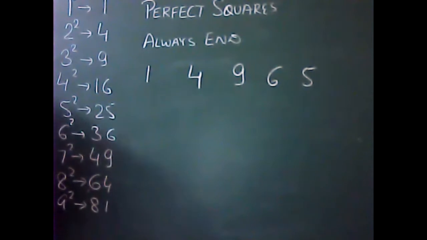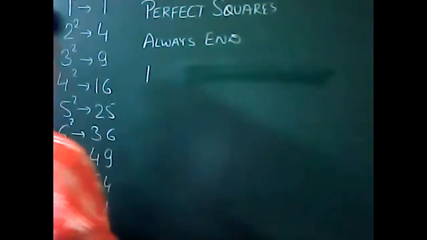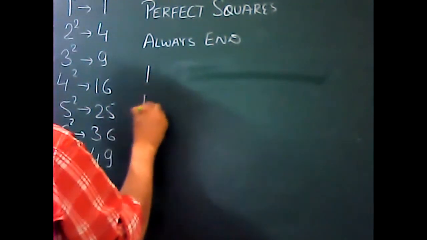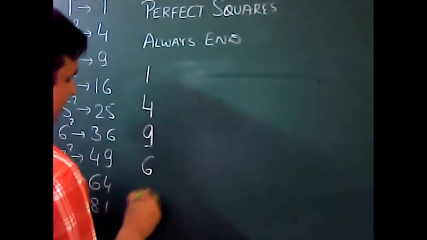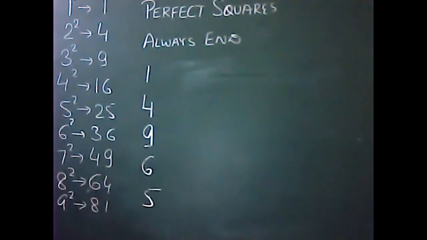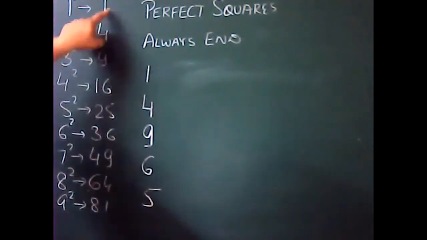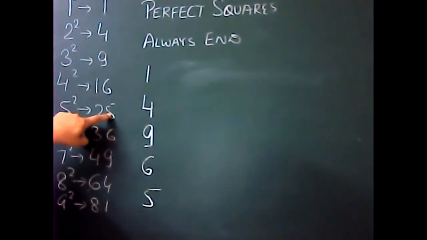A perfect square is always ending in 1, 4, 9, 6 and 5.